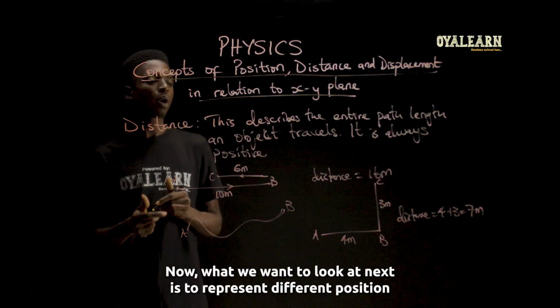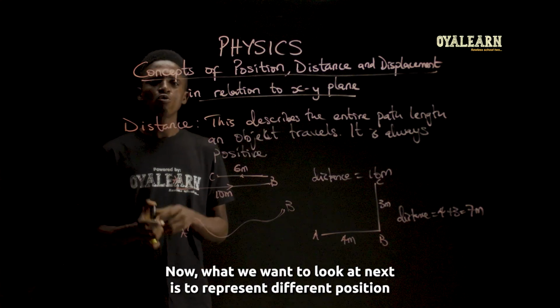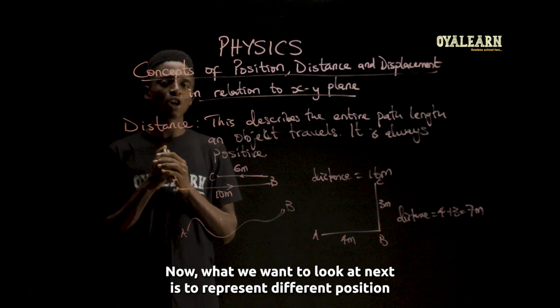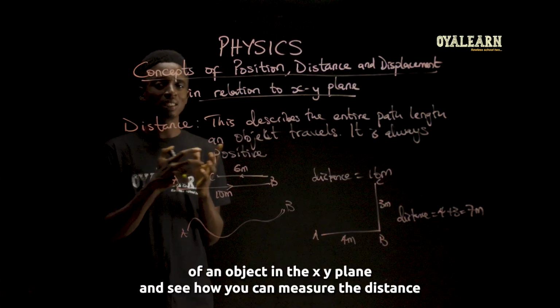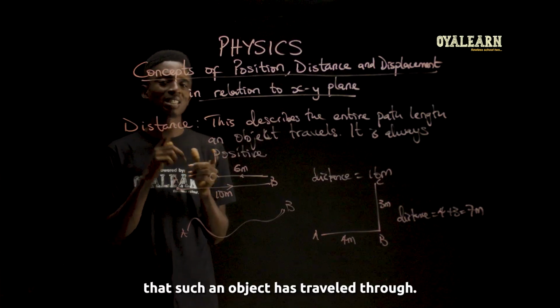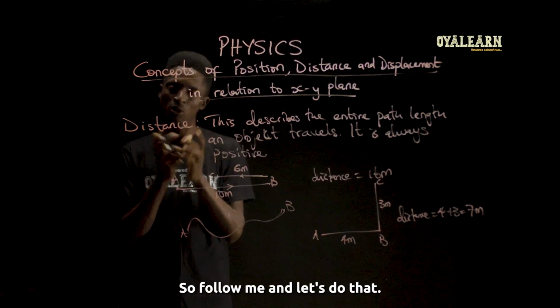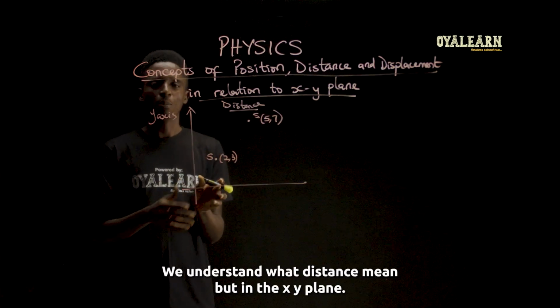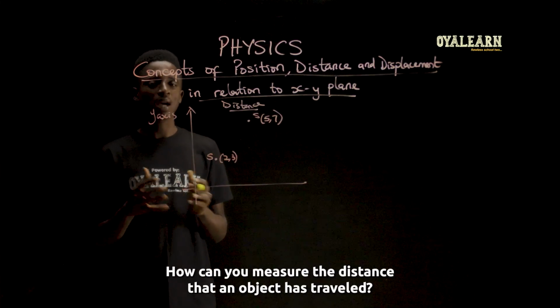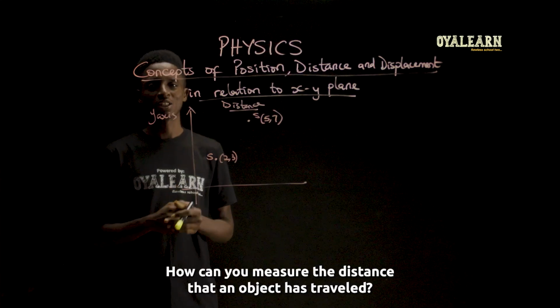Now, what we want to look at next is to represent different positions of an object in the XY plane and see how you can measure the distance that such an object has traveled through. So follow me and let's do that. We understand what distance means, but in the XY plane, how can you measure the distance that an object has traveled?